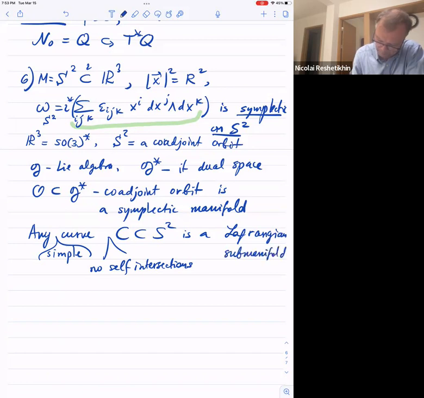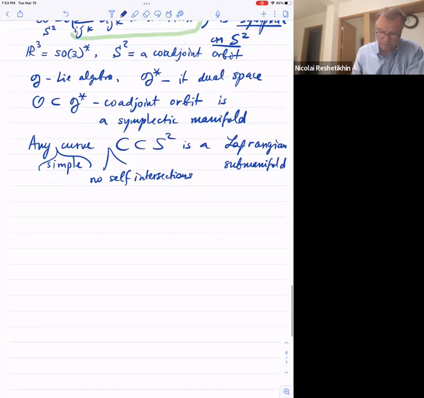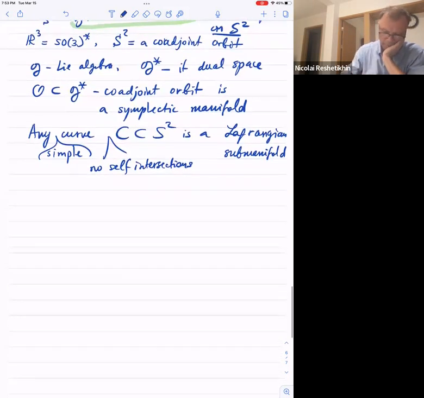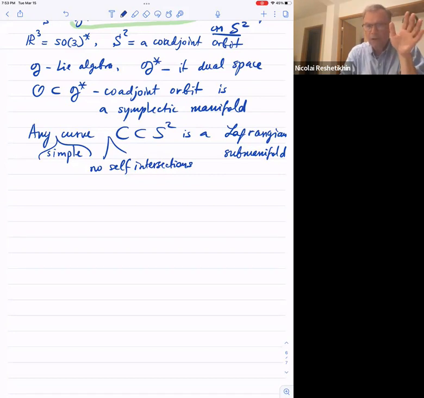So we had isotropic, coisotropic, Lagrangian submanifolds, and we had some examples of all of them. So any questions about this material? I'm going to briefly explain what is the symplectic reduction, and then we'll return to Hamiltonian mechanics.